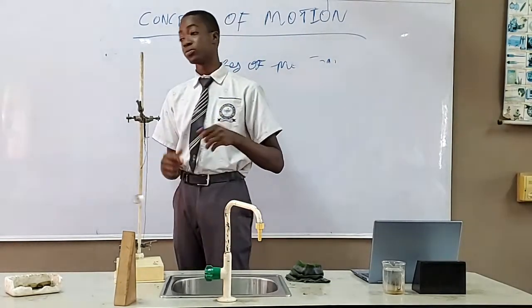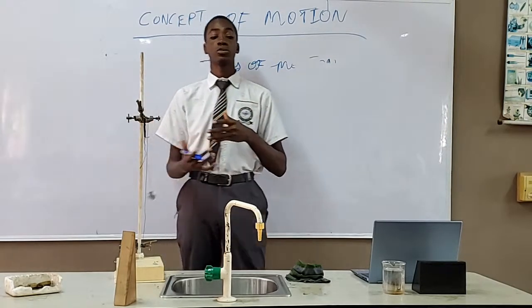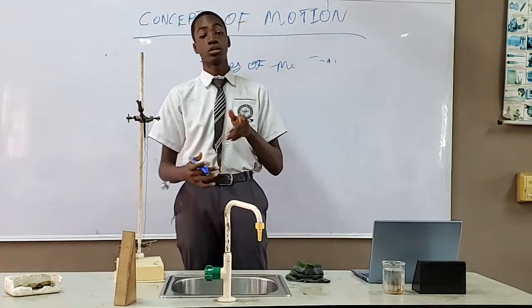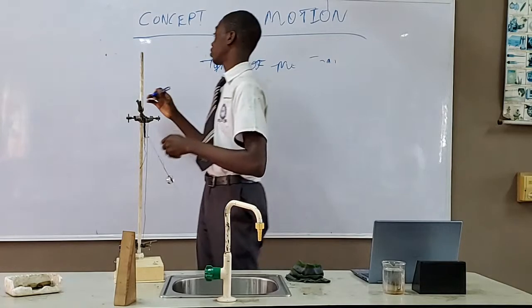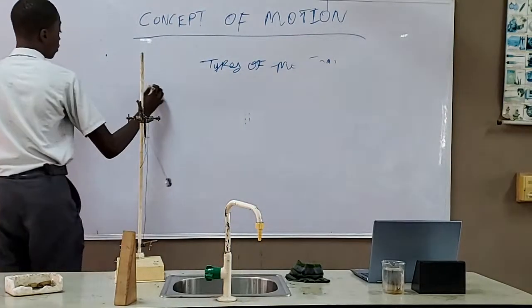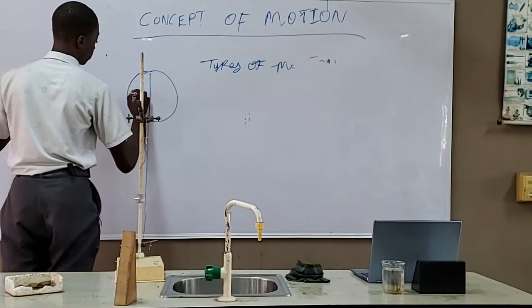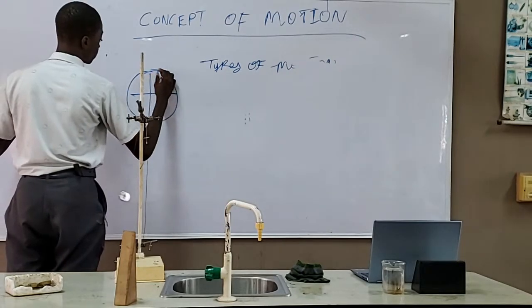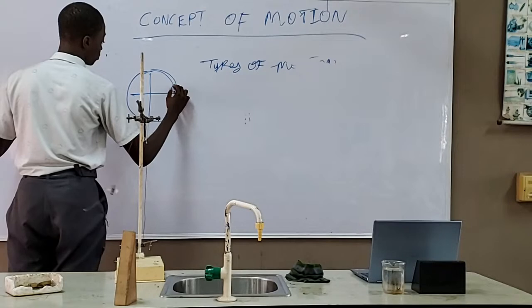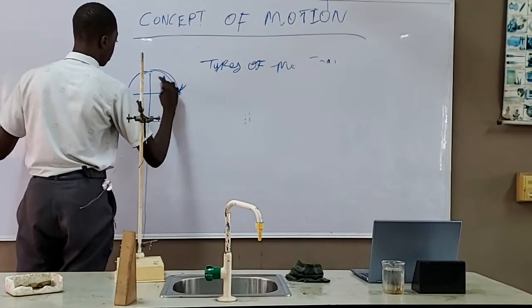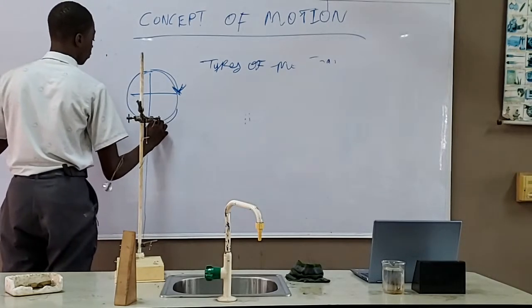Rotational motion and circular motion. People usually confuse rotational motion and circular motion to be the same thing, but they are not. There is a very little difference between them. Rotational motion is when an object spins around and keeps spinning, like a spinning disk.